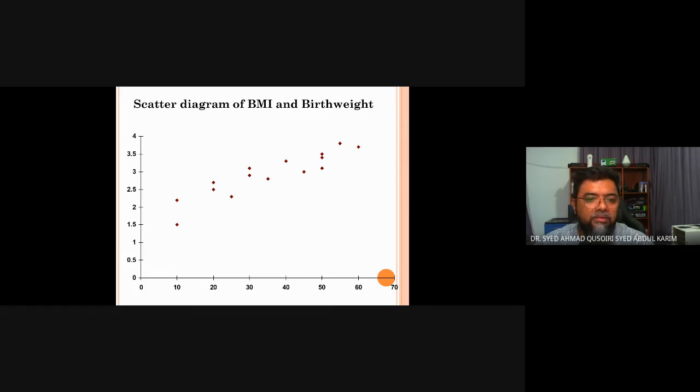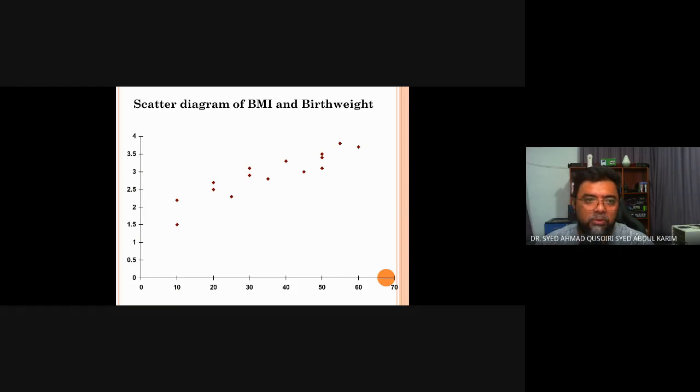So from this scatter plot, we can put a line of best fit that would describe this association between BMI and birth weight. We can use that to determine the relationship between these two variables.